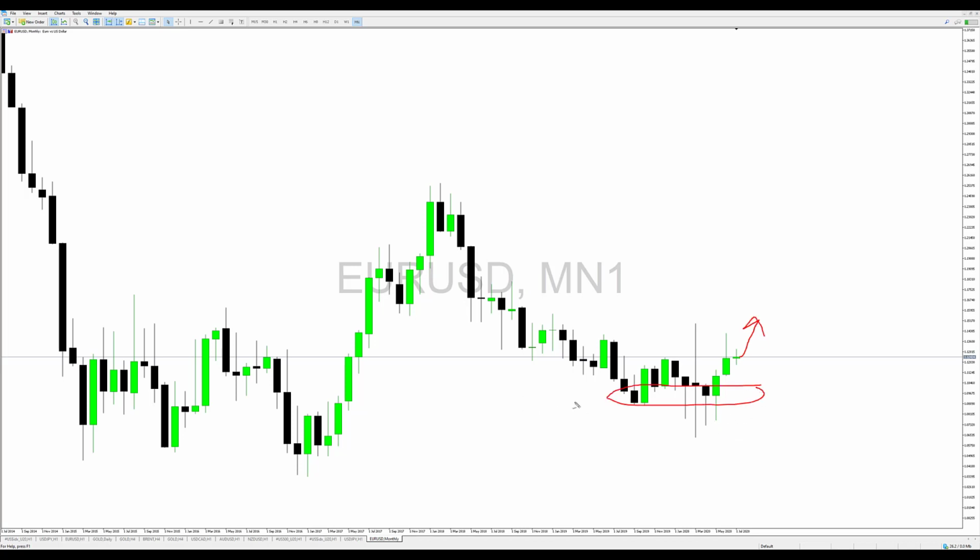So you can already see the structure that we have on a monthly chart. Momentum, monthly strength is to the upside. We have left off this strong demand area here. You see, price seems to have finally took off. It's the first time since July 2019.